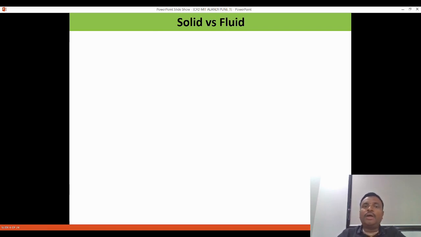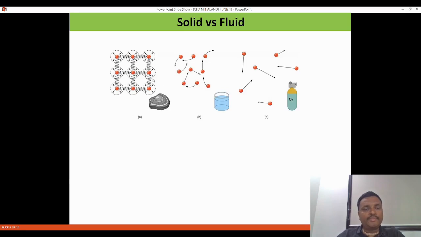Now, even though the name of the course is computational fluid dynamics, we can use CFD for solving problems related to structural analysis. Mainly it is used for fluid-oriented problems. The reason behind this, as you can see in this slide, is that solid particles are organized in a proper fashion. You have studied the BCC structure, the FCC structure, whereas fluid particles are randomly organized.